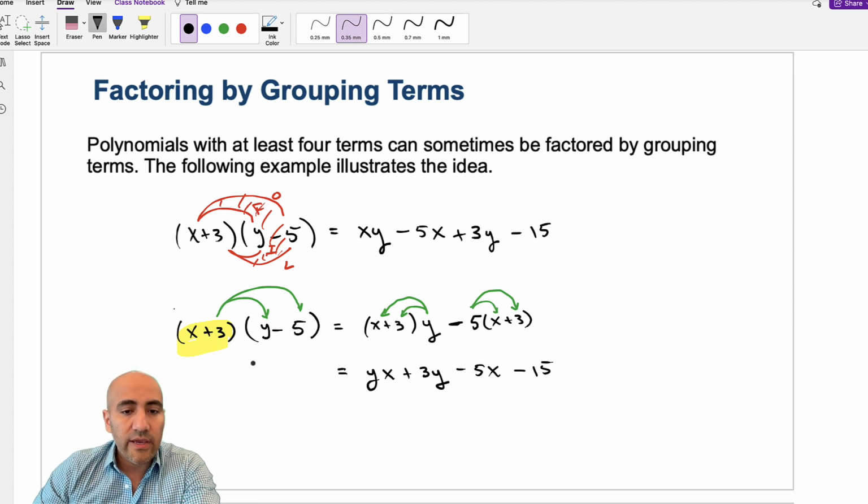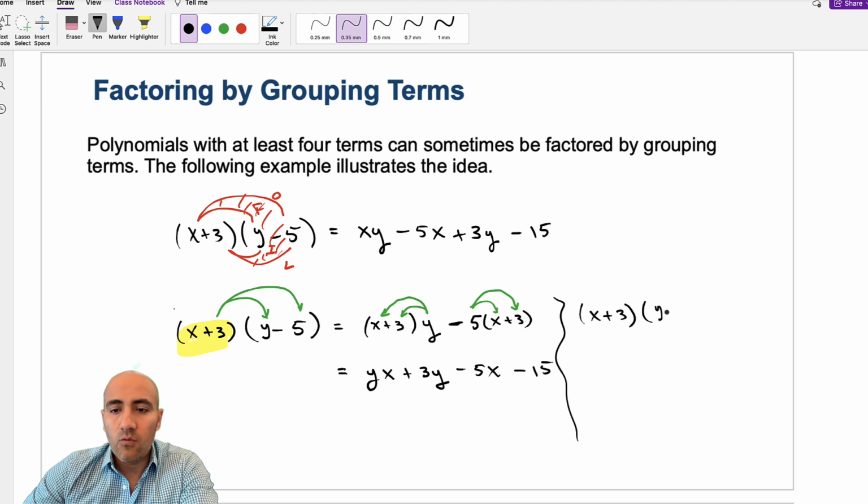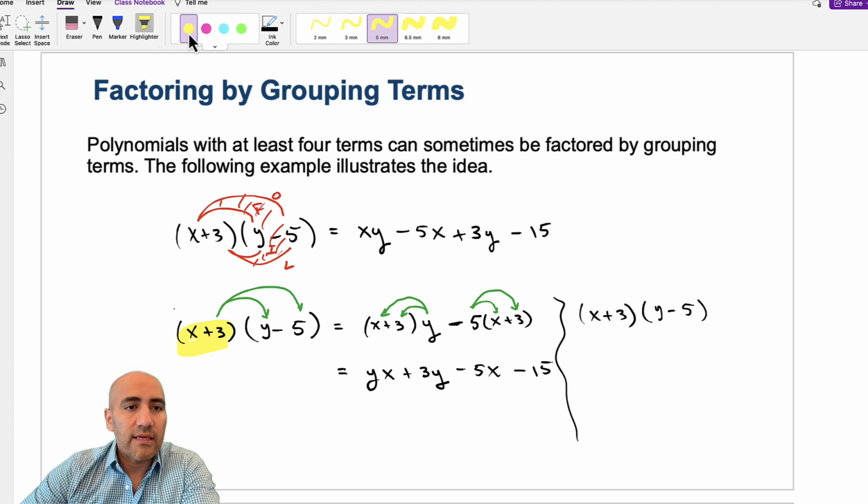So we could do it this way, we could do it this way, and likewise, we could also distribute in the other direction. So maybe we could have x plus 3 times y minus 5, and maybe this time I could take this term and distribute it across the first one.